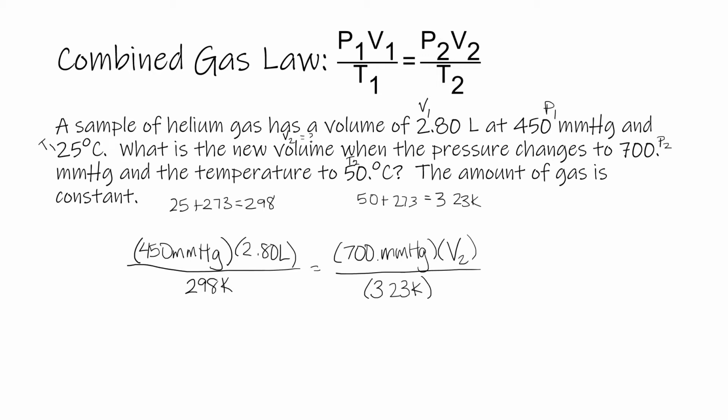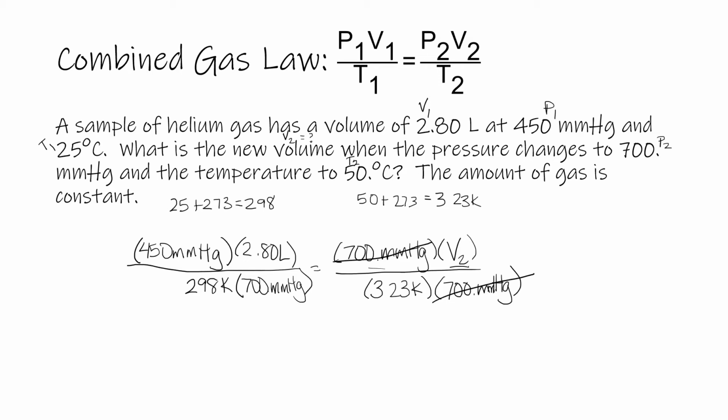Okay, so now solving for volume 2, we're going to have to move our temperature and pressure over. To move the 700 millimeters of mercury over, we'll divide both sides by that, and put 700 millimeters of mercury on the bottom. So that cancels out over here.